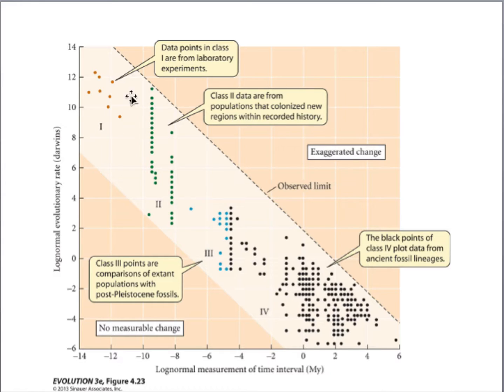So while we know that evolutionary rates can be very high, we also know that they're probably not sustained at that very high rate for very long. Otherwise, you could see some really wild changes over the millions and millions of years that species have been evolving.